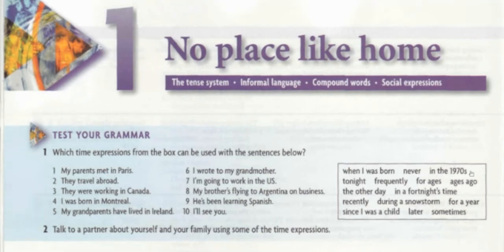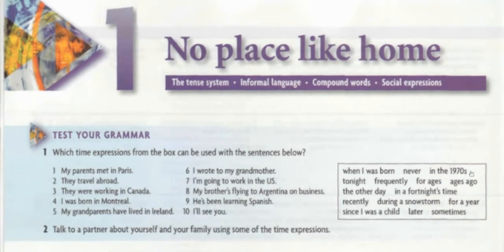The second one, they travel abroad. The travel, which is what tense? Yes, very good. What time expressions? Yes. Very good. We can use these time expressions because normally we use the simple present to refer to what?